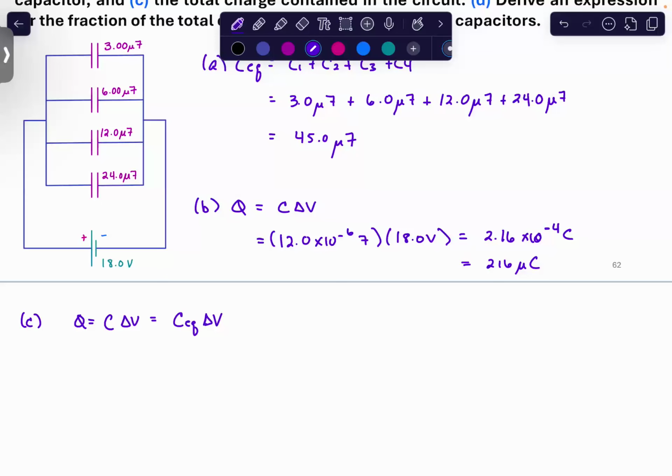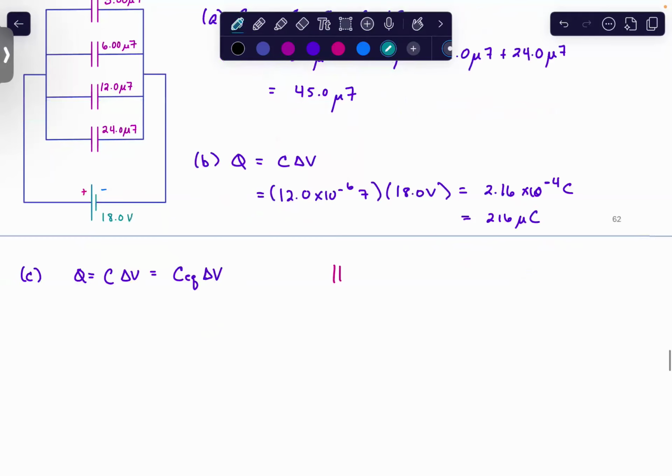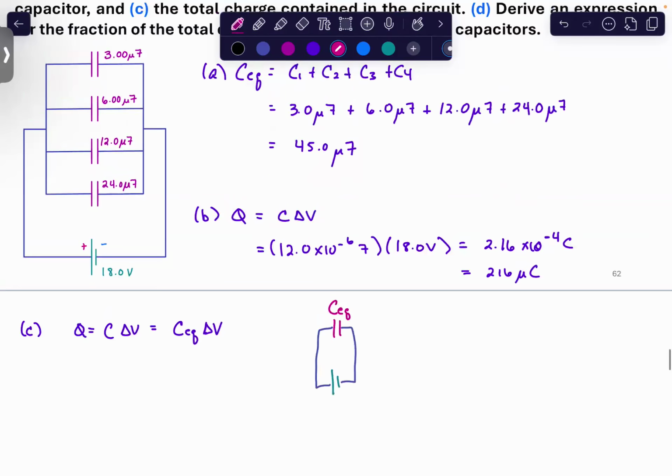So that's those four capacitors combined into one. You could redraw the circuit like that, because that's what you've done. You've combined them all into a single capacitor.